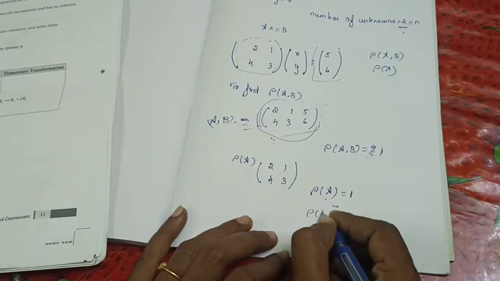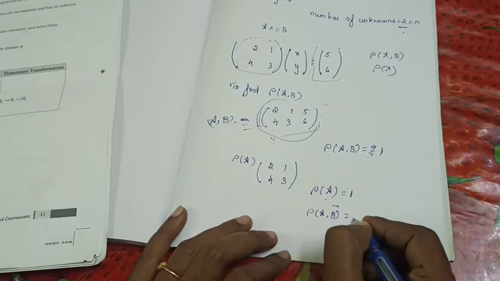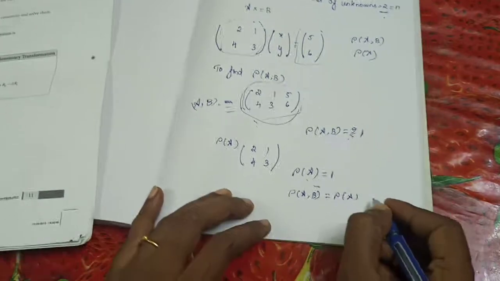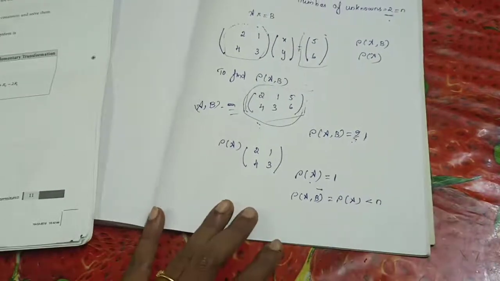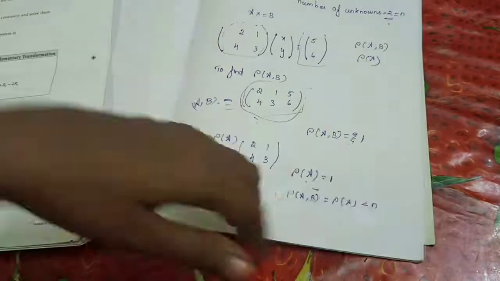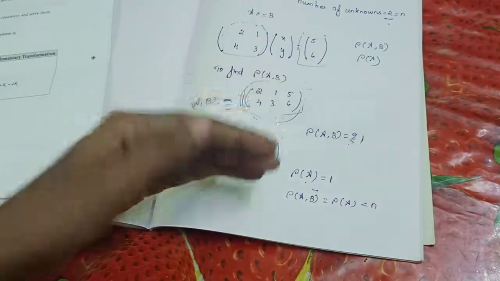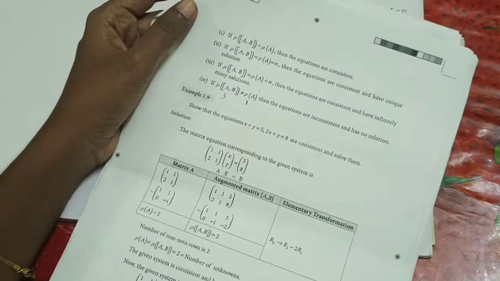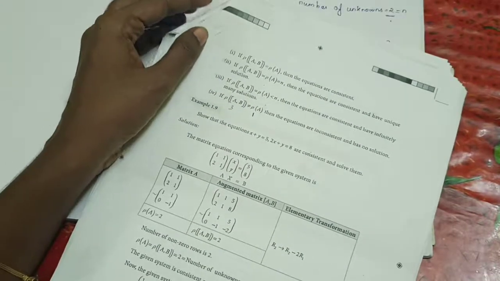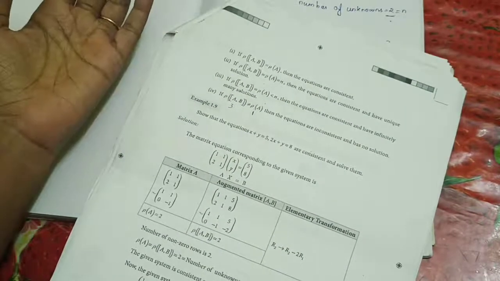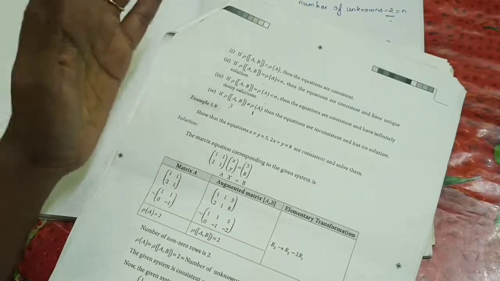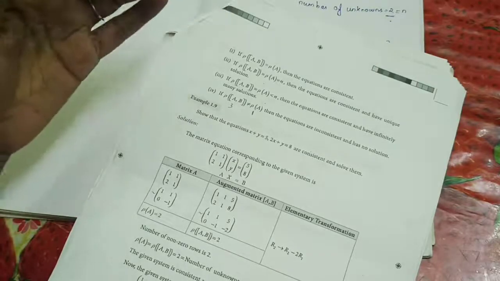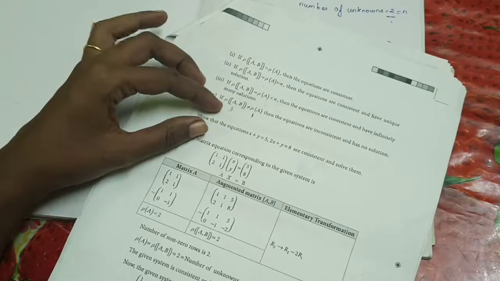But rank of A comma B is equal to rank of A, but that value is less than n. Equal to n means the previous condition we will apply. So here less than n. So what will you say? The equations are consistent and have infinitely many solutions. We can't find a unique solution. Infinitely many solutions.